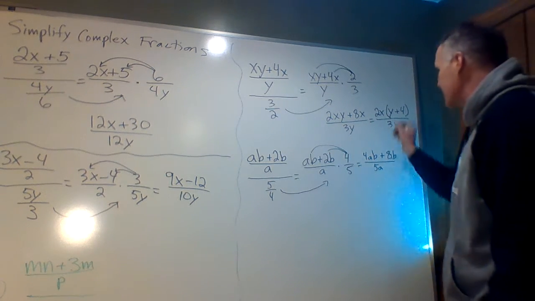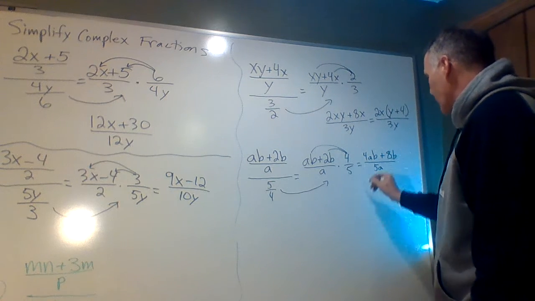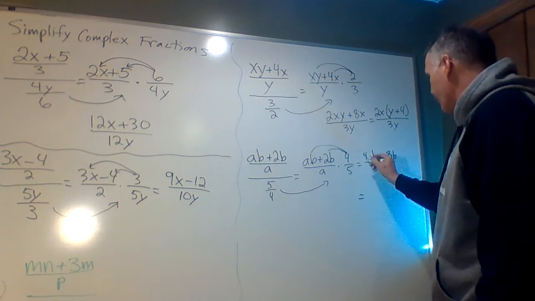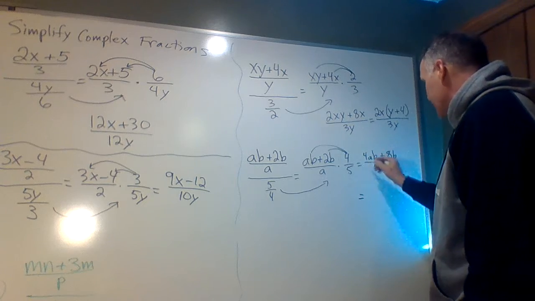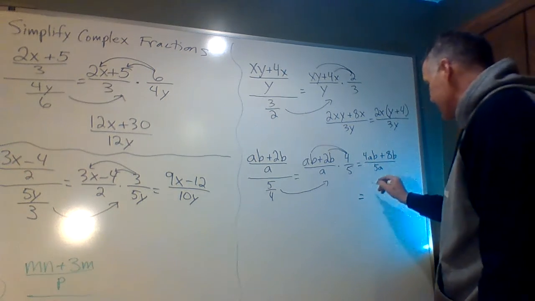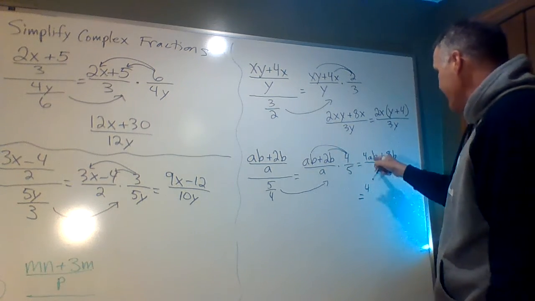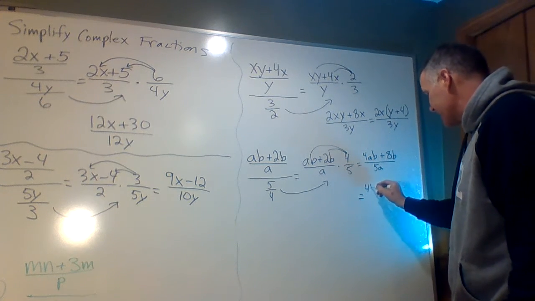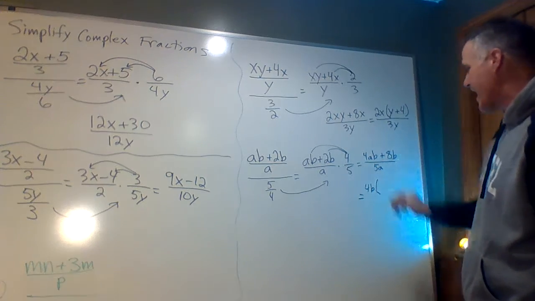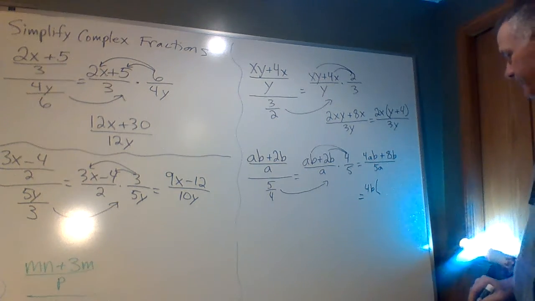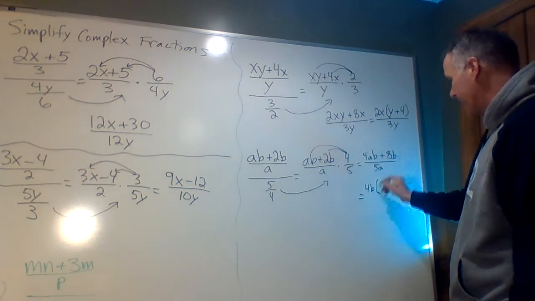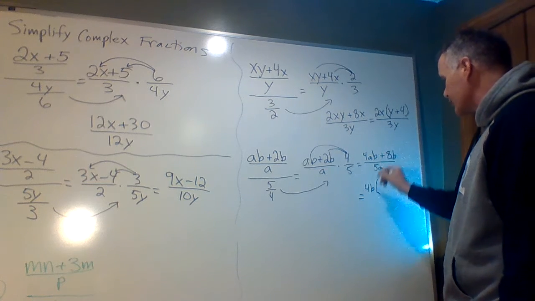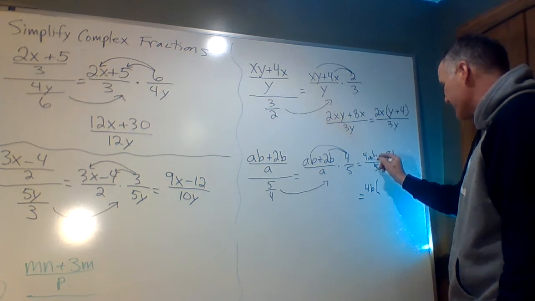Now, just like we did on this one up here, I'm looking at what these have in common. 4 and 8 can both be divided by 4, so I'm going to take a 4 out in front. And then they both have a B, B here and B here. So at this time, I can take a 4 and a B out of both of those terms. Now, if I take the 4 and the B divided out, it goes away. So the only thing left in this first term is that A term.